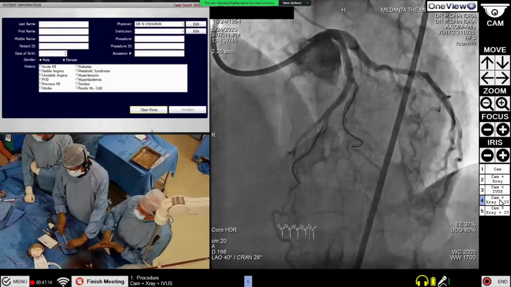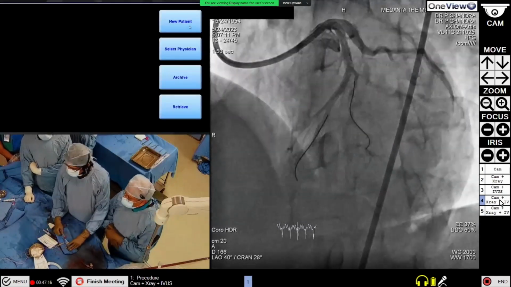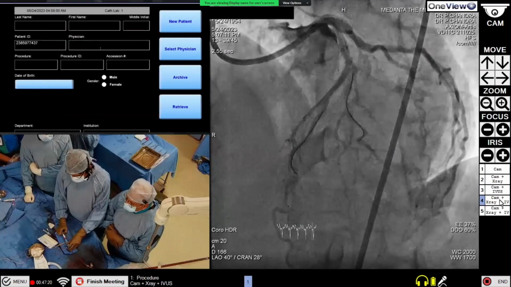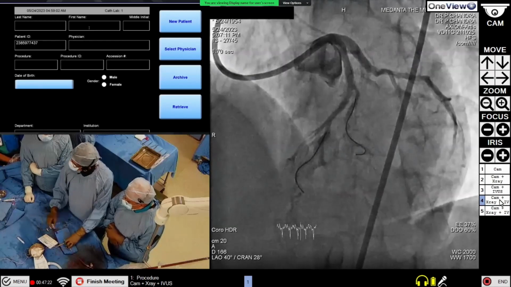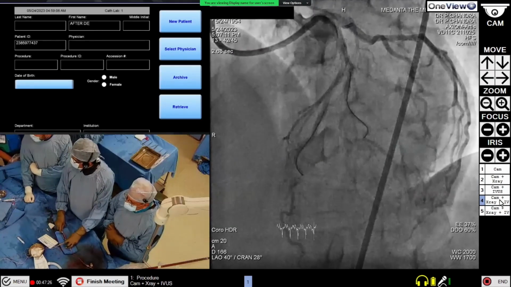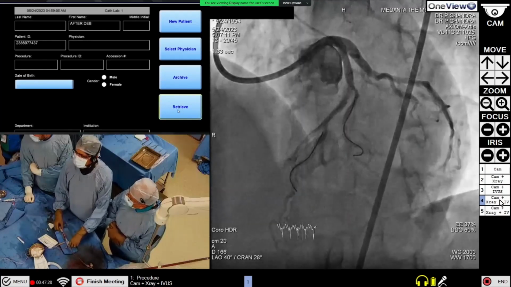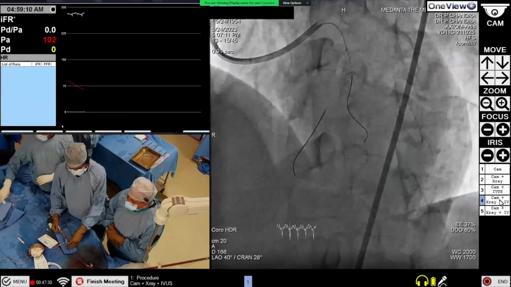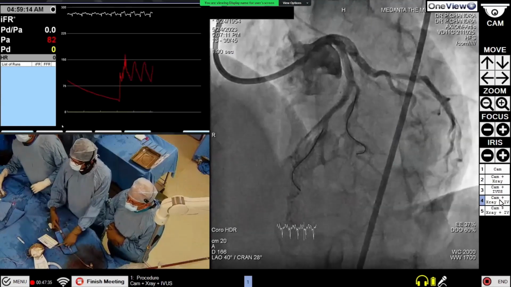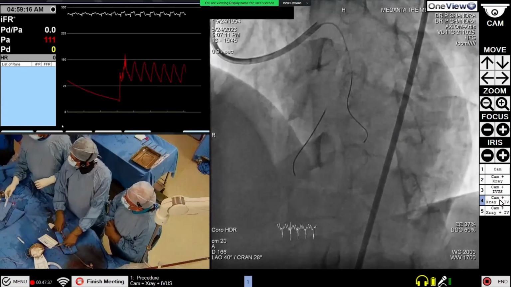Get a 2.5 DEB. Why not? I mean, once we have done all the dilatation. Okay. Diagonal 2.5. 15 will be fine. 15 is fine. Can we have the IFR, please?